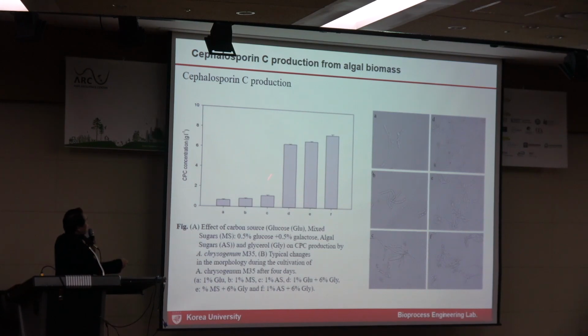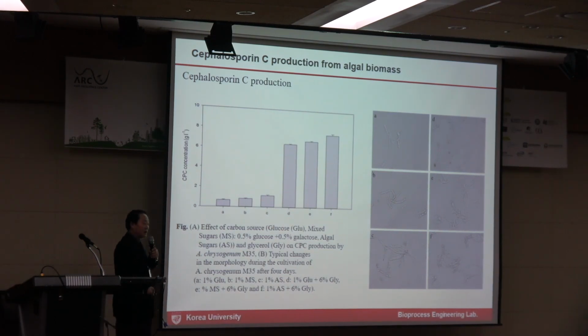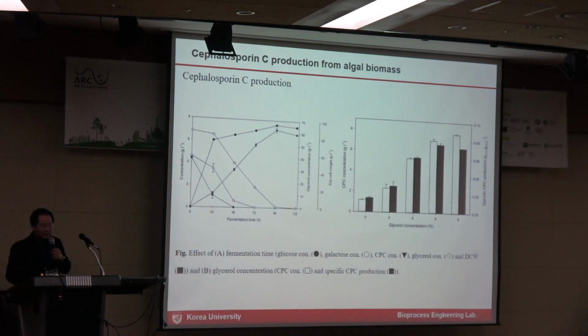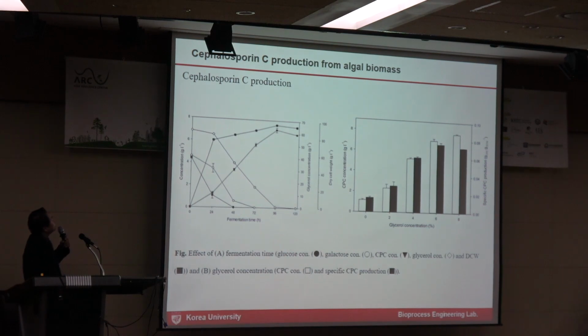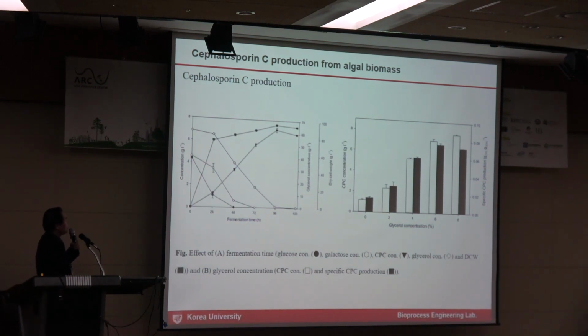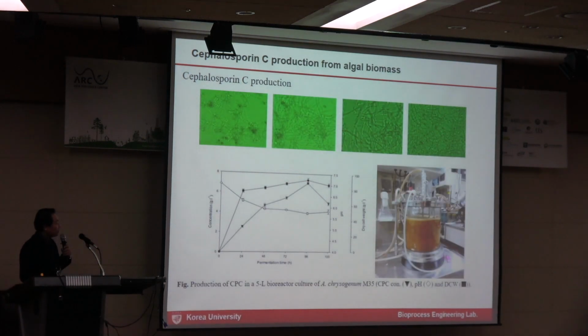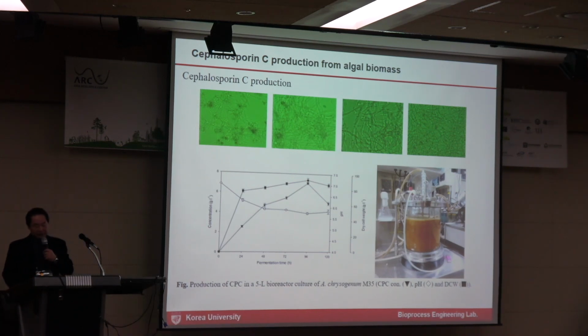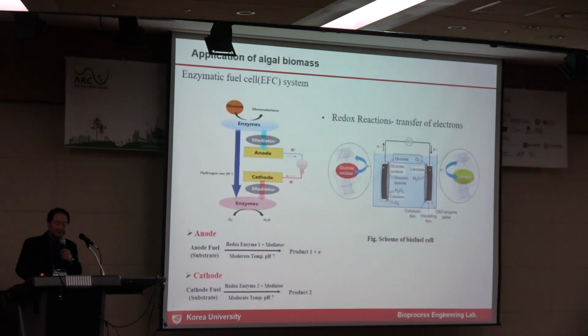Based on sugars and morphology here, we could produce CPC successfully, as you can see. Also, we performed this fermentation in a 5-liter bioreactor, and we could obtain the proper amount of CPC.